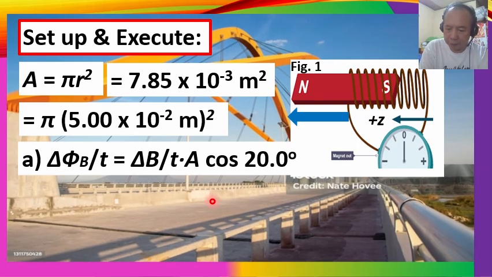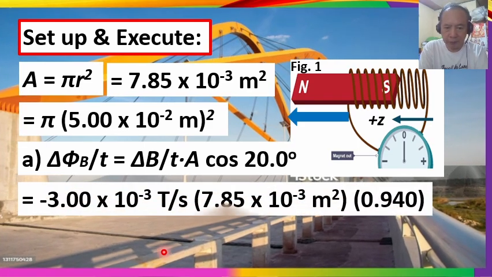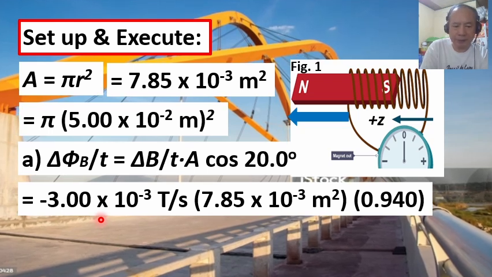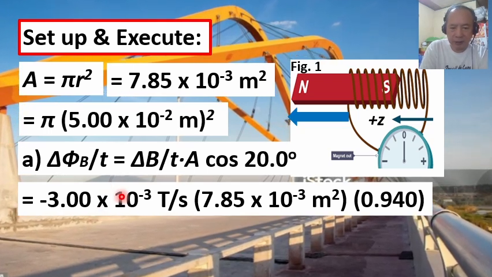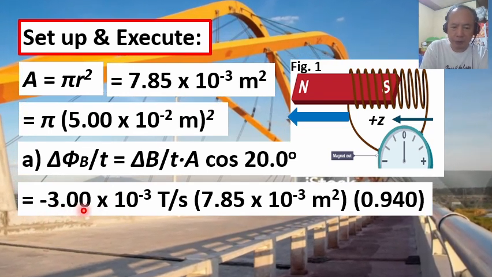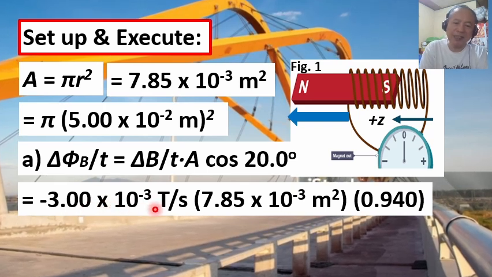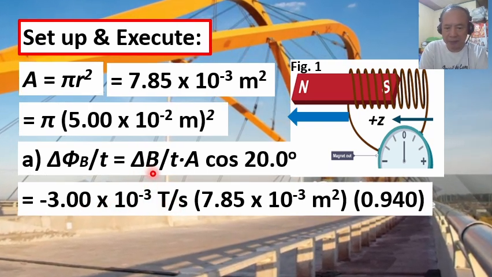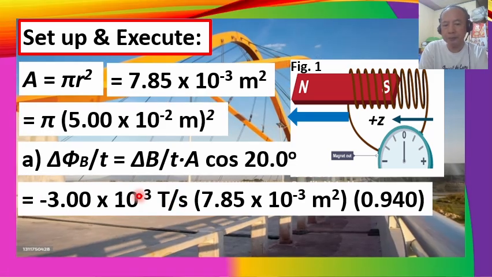So, when you substitute, delta capital Phi sub B over t equals negative 3.00 times 10 to the negative 3 Tesla per second. So this is the time rate of change in the magnetic field given in the problem.